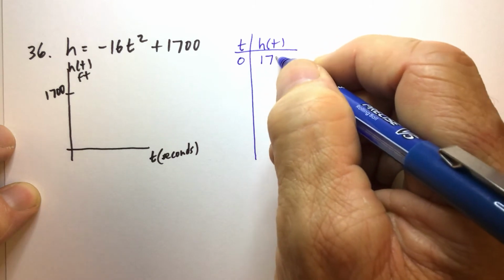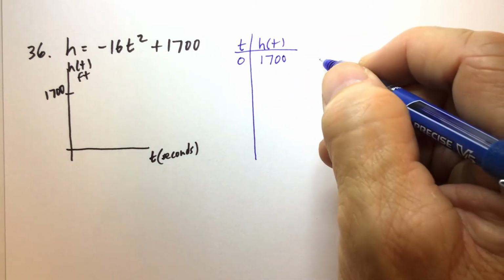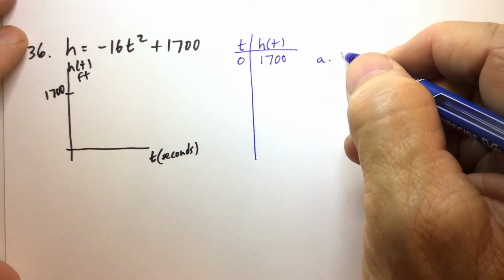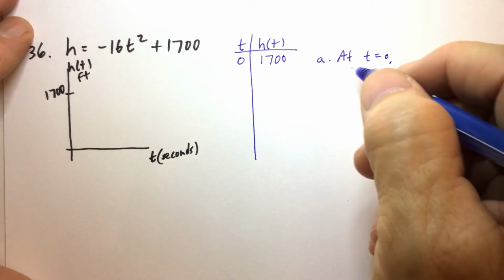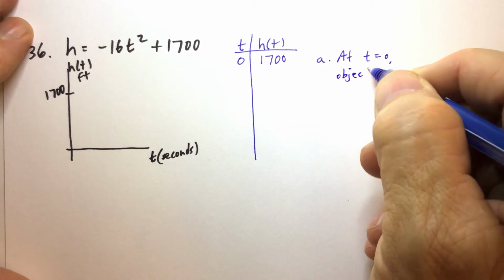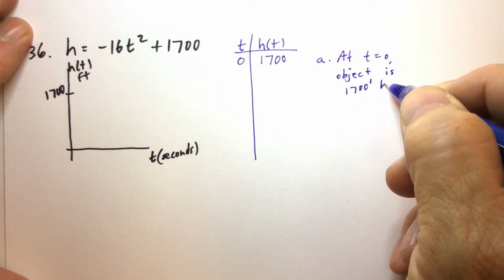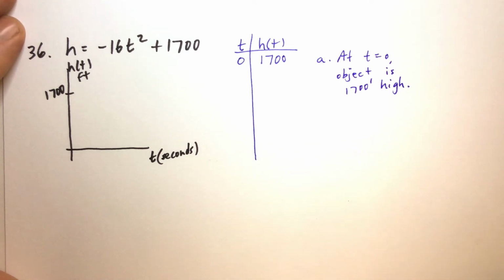And so 1700 tells us, for part A, that the constant tells you that at time t equals 0, the object is 1700 feet high. So maybe 1700 feet is the height of the building or a bridge or something.